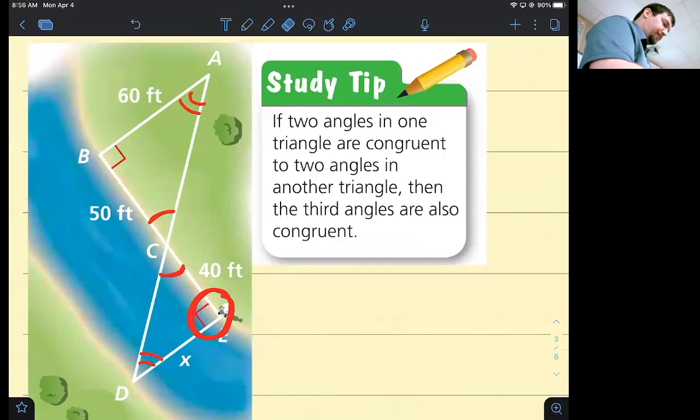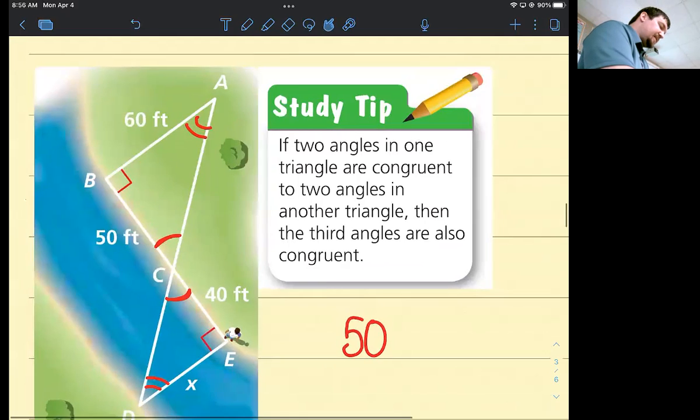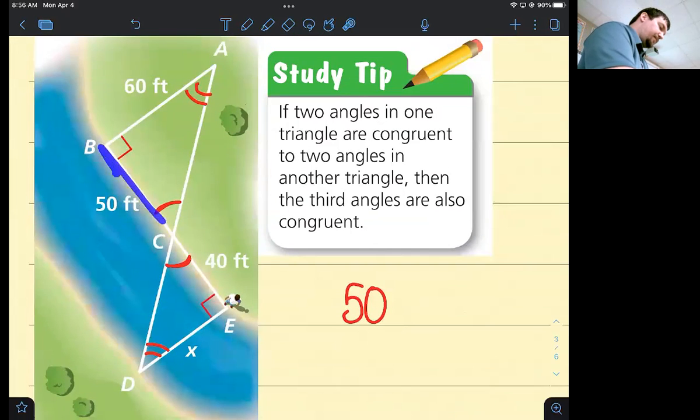Okay. I'm just going to write 50 down. You have to start somewhere. 50 feet is this side length right here. Can you tell me what side length on the bottom triangle the 50-foot side length corresponds to? Alexis? It's the 40.